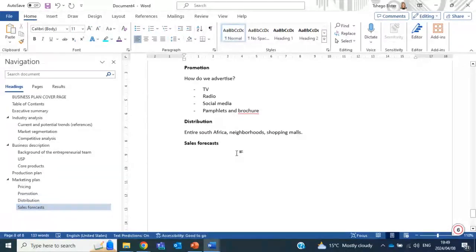And then sales forecast is basically sales projections over a few months or years, but normally we work with years because a few months go by so quick. And here you would say maybe as a Checkers brand, sales have been going.